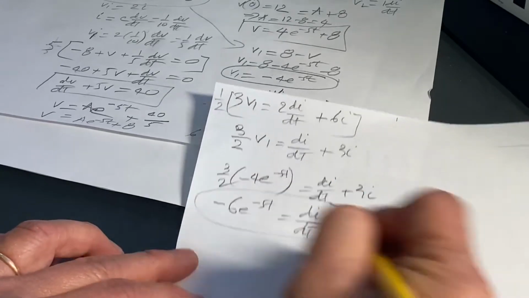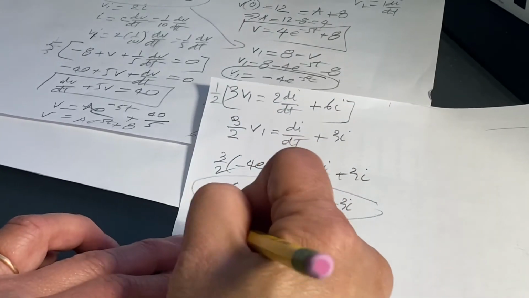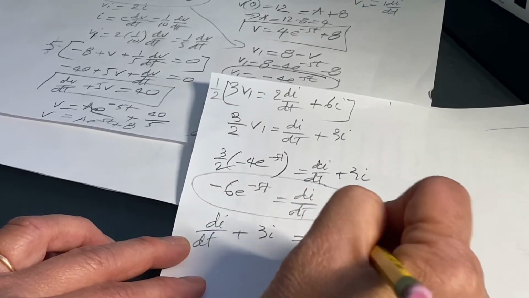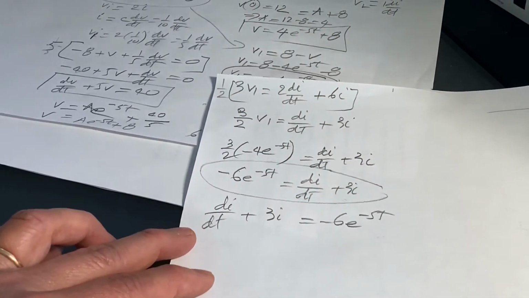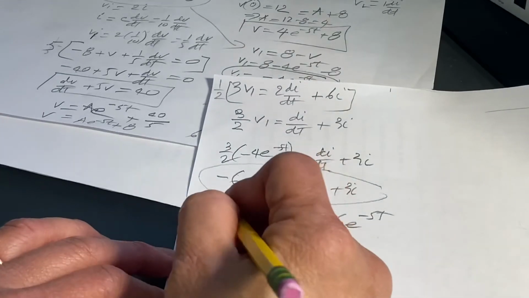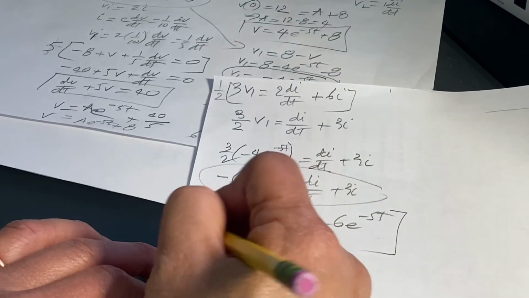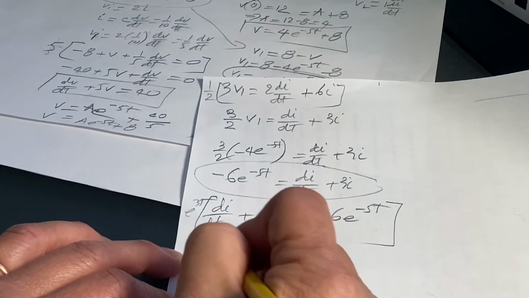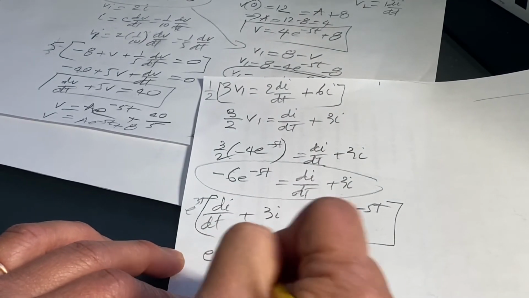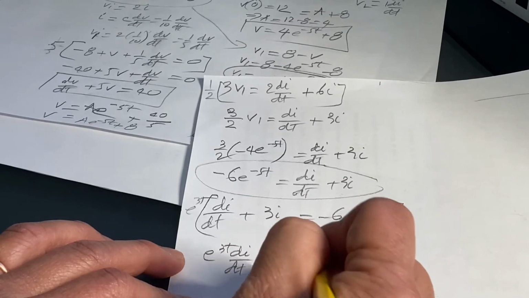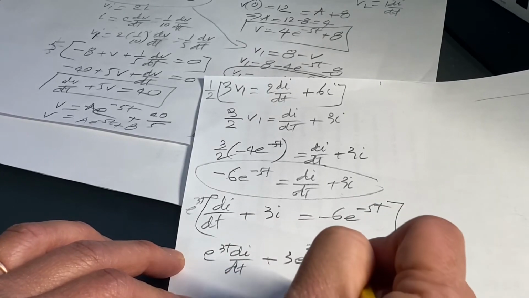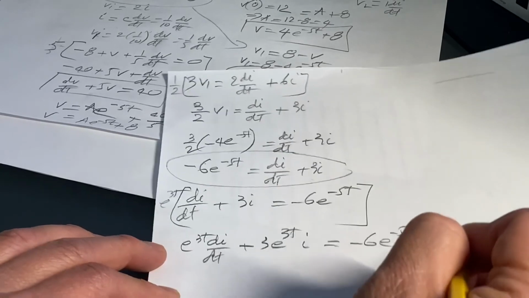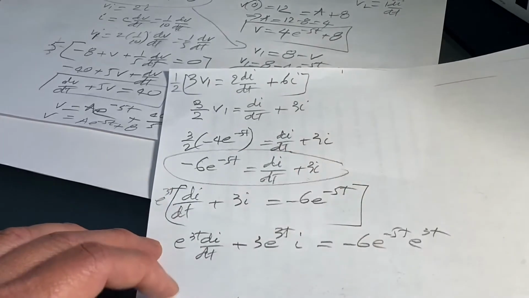I solve the differential equation: di/dt plus 3i equal negative 6e^(-5t). To solve this equation, I times both sides by e^(3t). So I got e^(3t) di/dt plus 3e^(3t) I equal minus 6e^(-5t) times e^(3t).